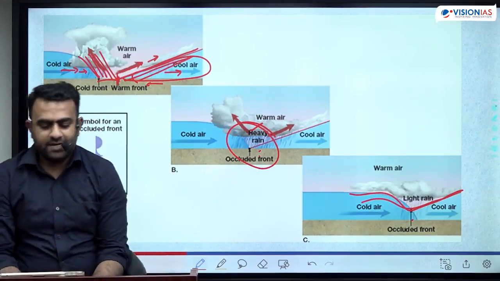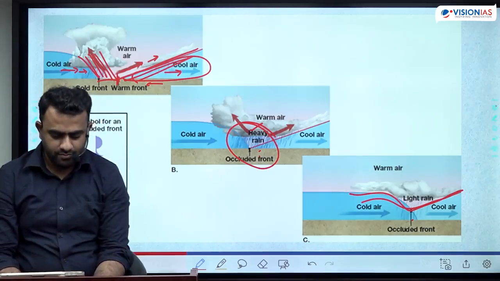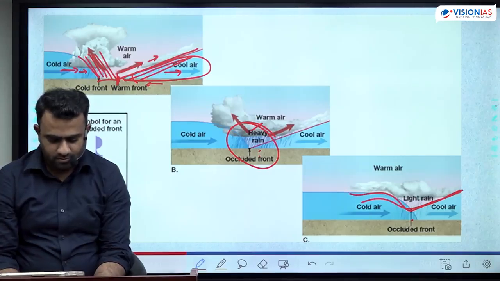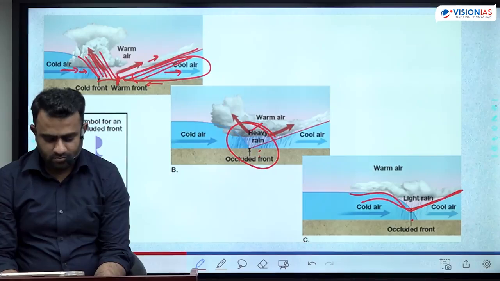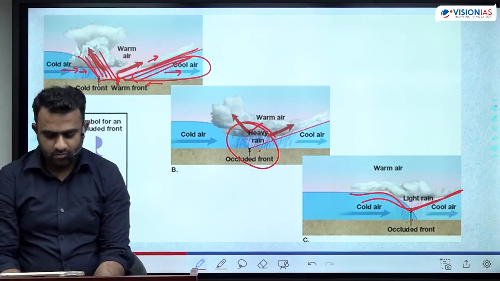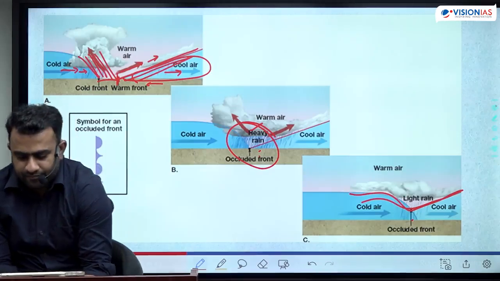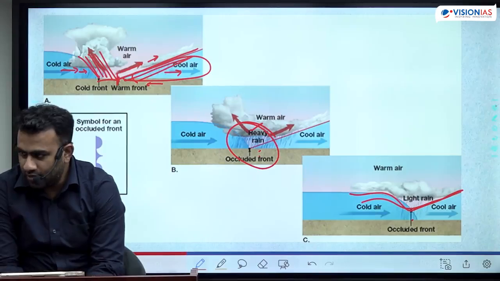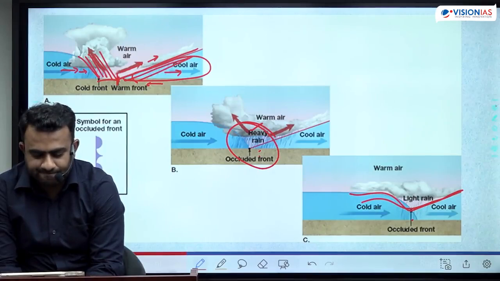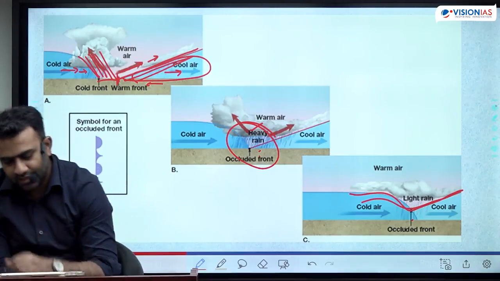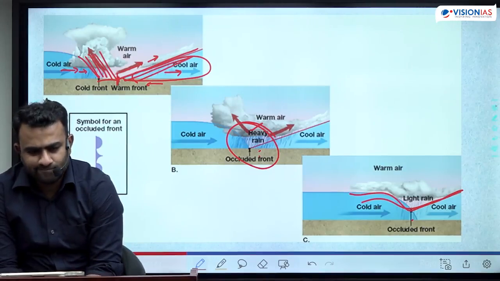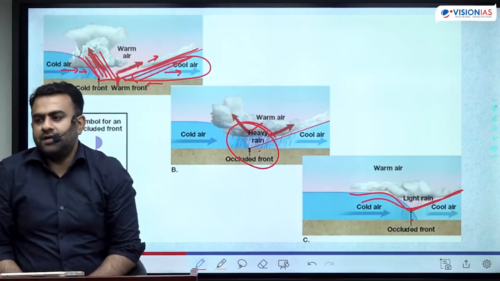First point. It is the later stage of front formation, where the air in warm sector is no longer at the ground surface, due to the meeting of cold front and warm front.